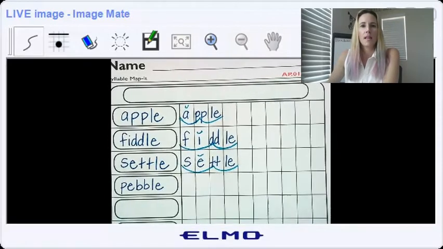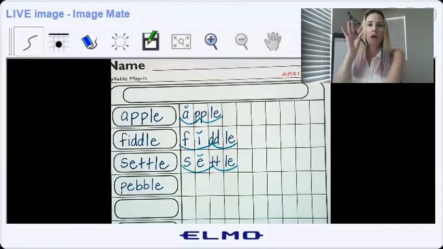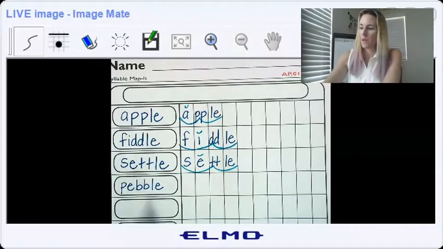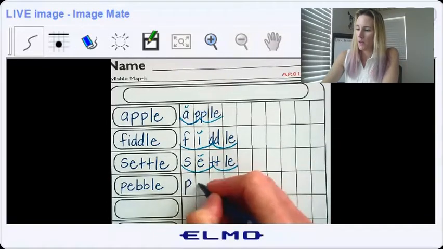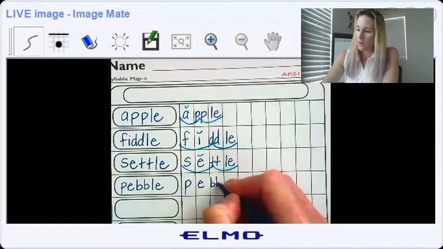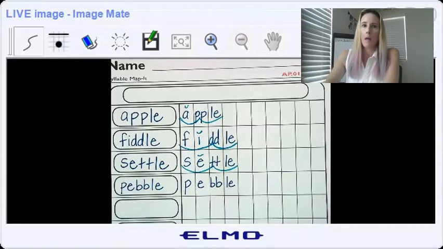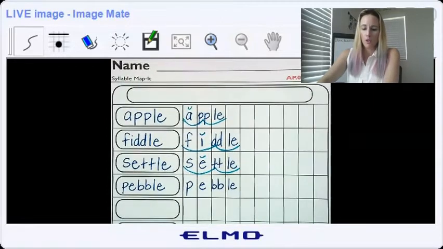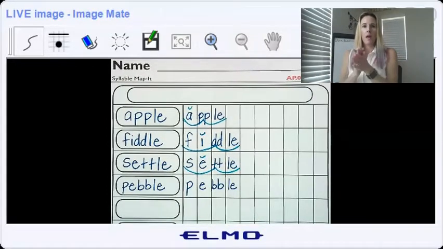What does that word say? Good. Pebble. So tap your sounds. P-E-B-L. Okay. We're going to write it here. P-E-B-L. Pebble. So when we say it, it sounds like we go pe and then the bull, right?